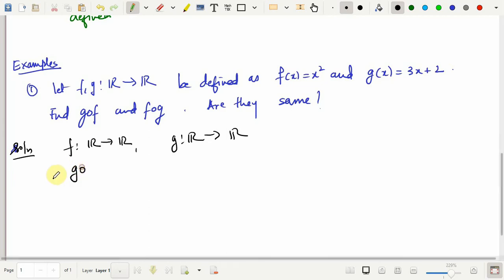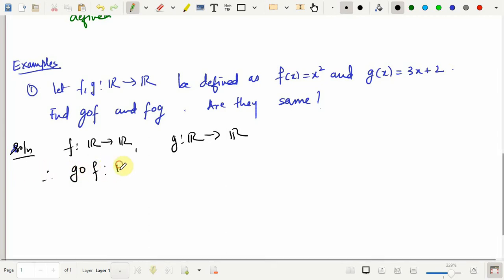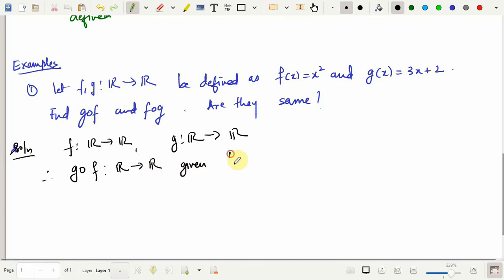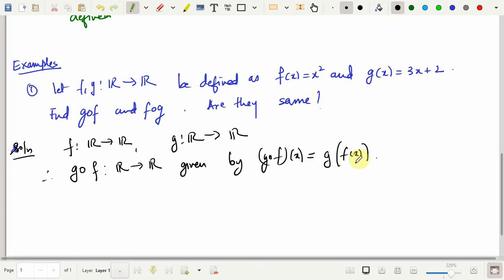So g composite f is a function defined from R to R given by g composite f evaluated at x is nothing but g of f of x, right? But what is this? That is the same as saying g of f of x is g of x square. And how is g defined? So now let's see the definition of g.